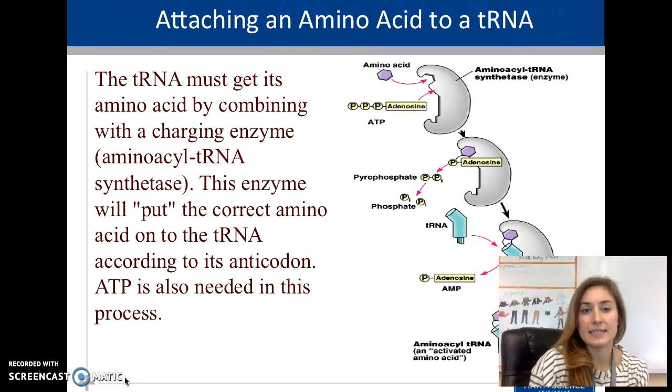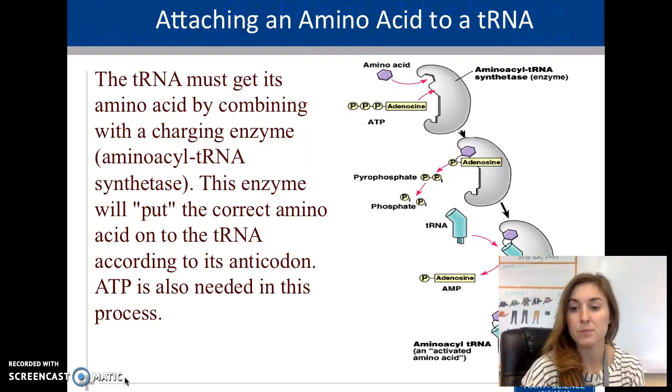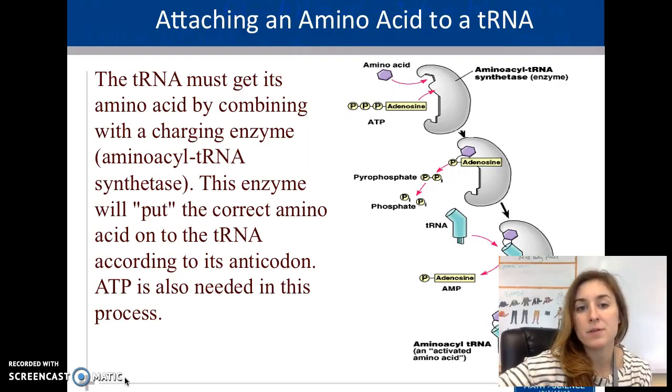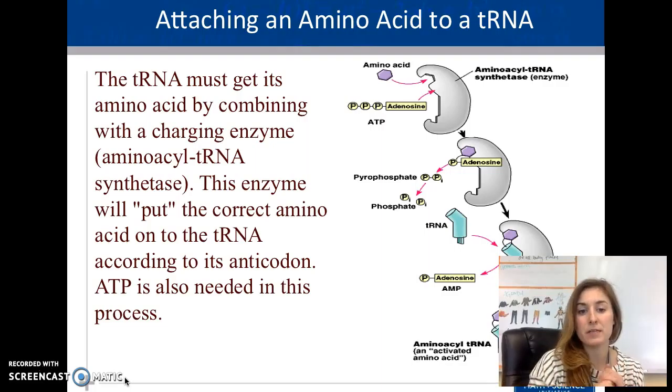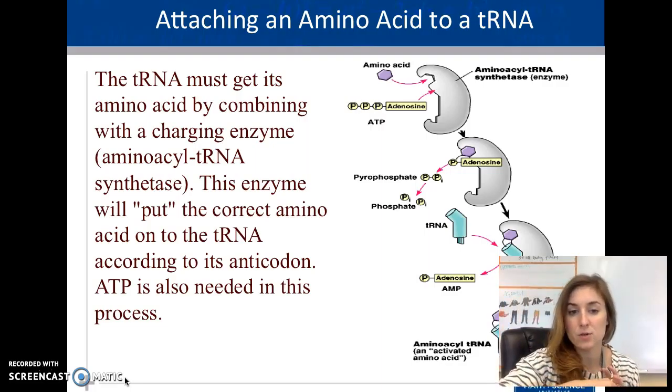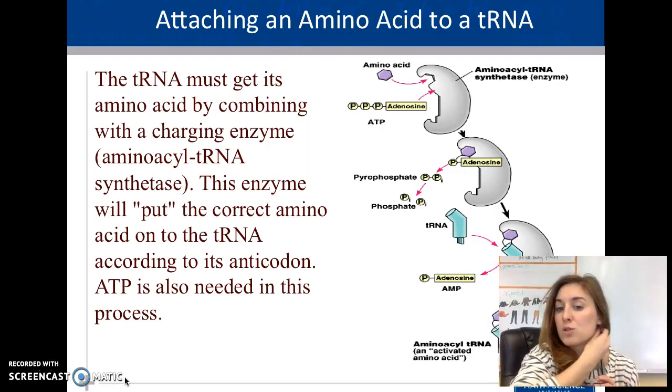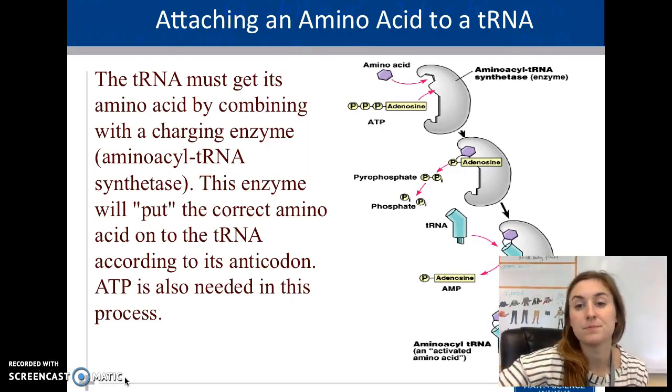In the P site, so A is reading, P is attaching, the tRNA must get its amino acid by combining with a charging enzyme. This enzyme will put the correct amino acid onto the tRNA according to the anticodon. ATP is also needed. This happens in the P site.